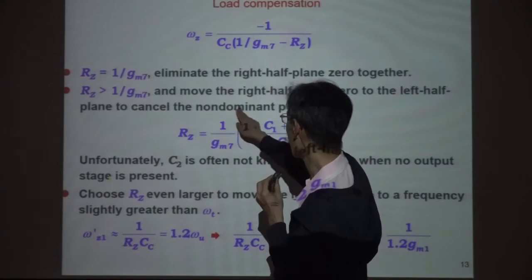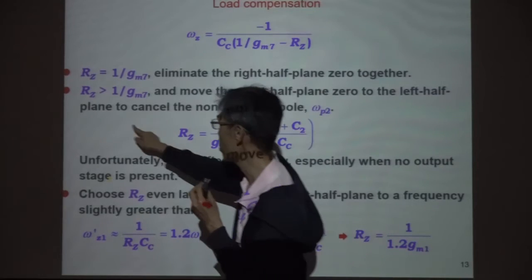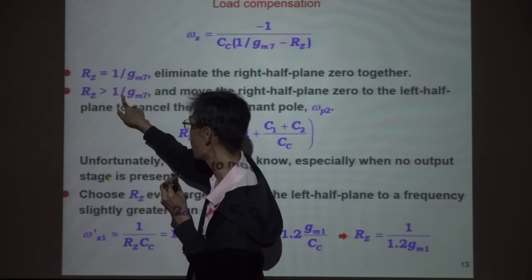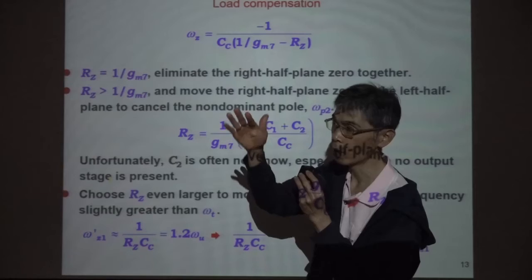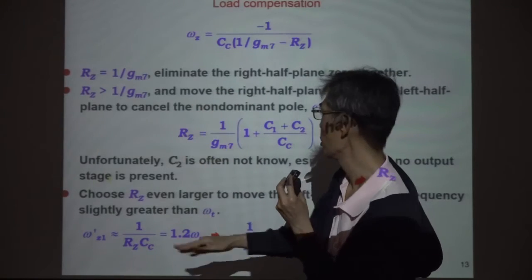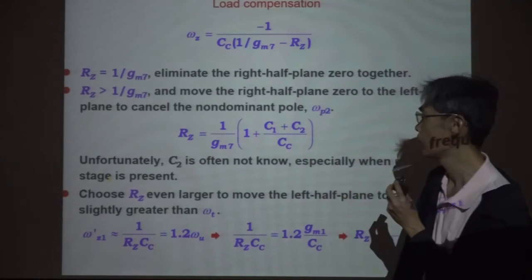So we want to cancel out omega P2. If we take this value much greater than this one, and the locations of 0 and pole are very close, we can cancel omega P2.